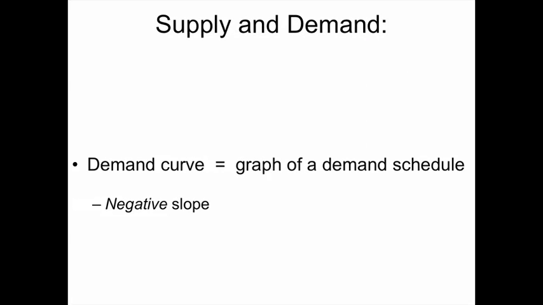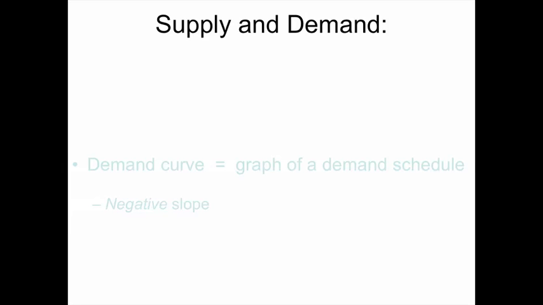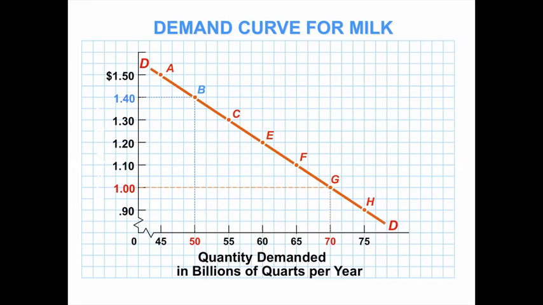The demand curve is nothing else than a picture or a graph of the demand schedule, the data that we have in a table, and it is negatively sloped. So the table that I had before with the data for the quantity demanded in billions of quarts of milk per year can actually be plotted as follows.